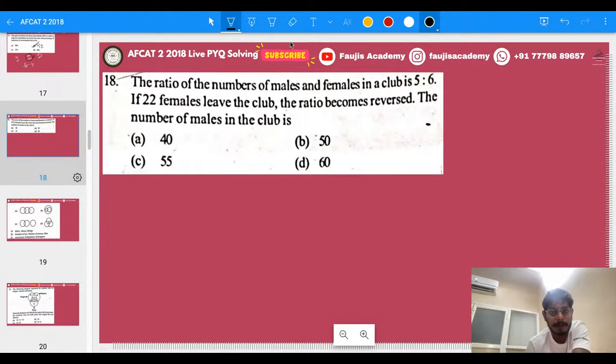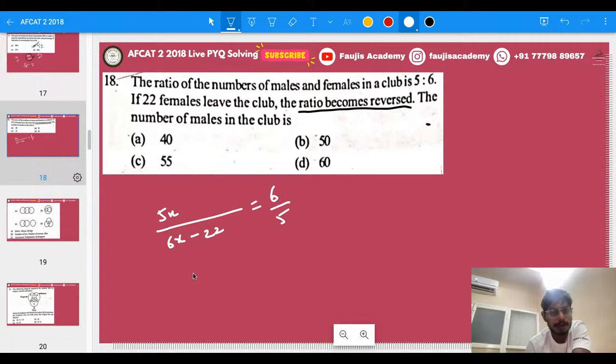Last mathematics question. The ratio of the number of males and females in a club is 5x and 6x. If 22 females leave the club, the ratio becomes reversed. What does it mean by the ratio becomes reversed? Earlier it was 5 is to 6. Now it is 6 is to 5.